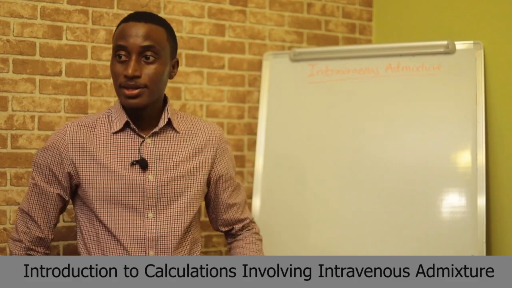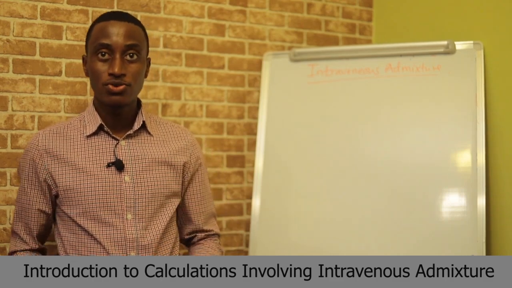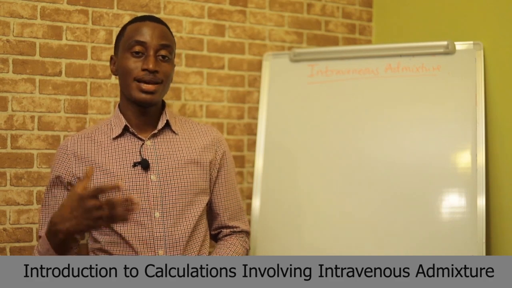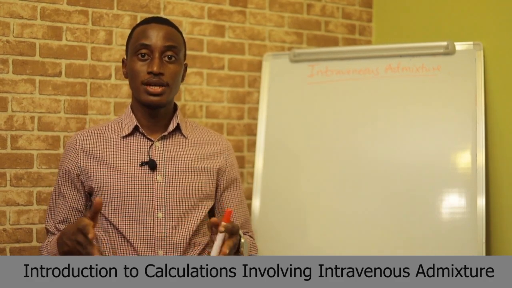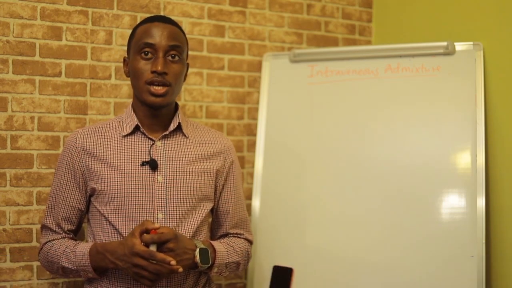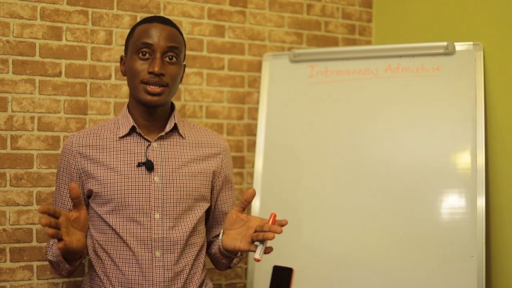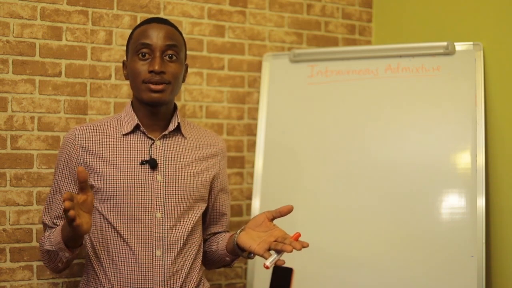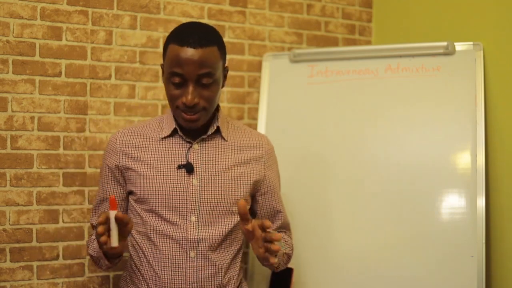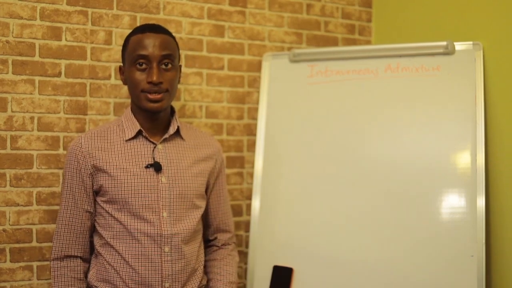For instance, drugs such as insulin, vitamins and minerals, antimalarials have the tendency to be added into infusions because of several practical reasons. So due to that, they are regarded as parenteral admixtures, meaning they are administered by any route apart from the oral route. When they are administered into such fluids, that's when we call them admixtures.